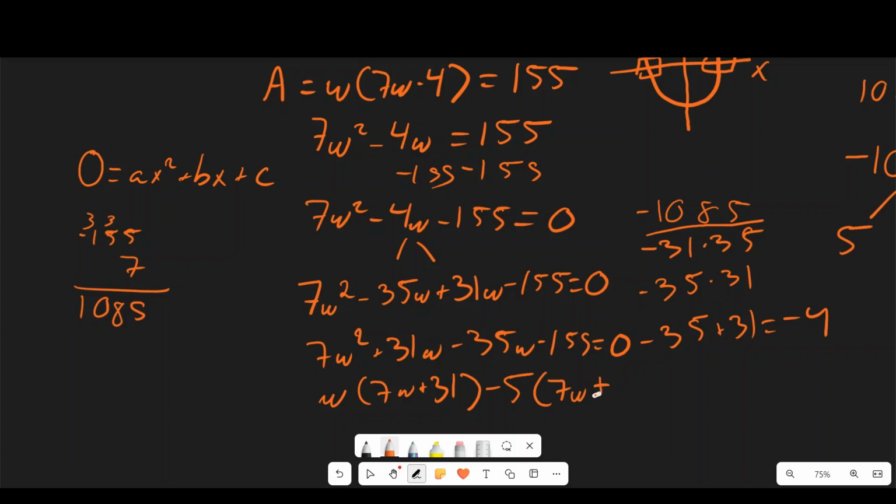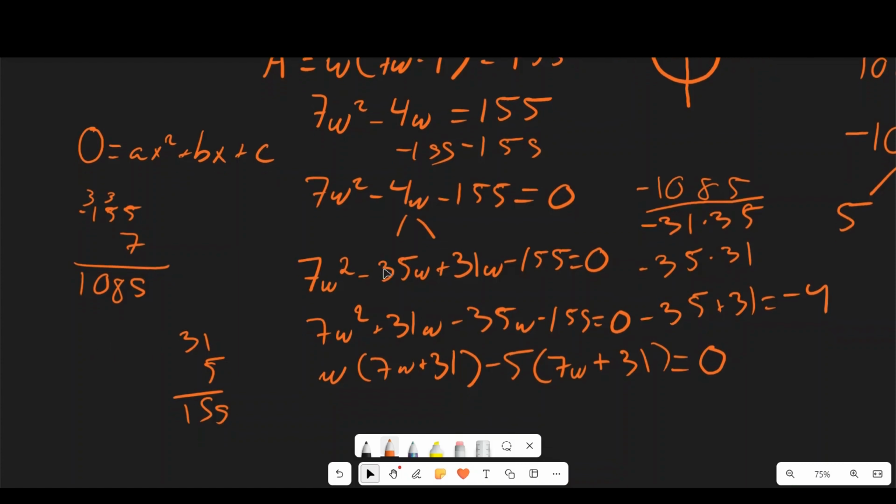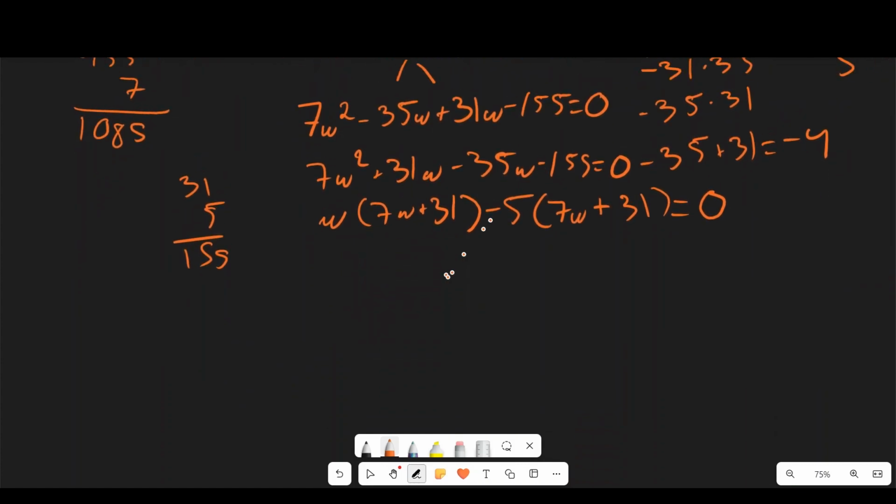I think 31 times, right? Let's see, does that make sense? 31 times 5, we get the 5 and then 5. Yep, that makes sense. So then we get a 31 on our second term for the binomial, and that is equal to 0. So we are almost done. Now look, we can factor even one more time.